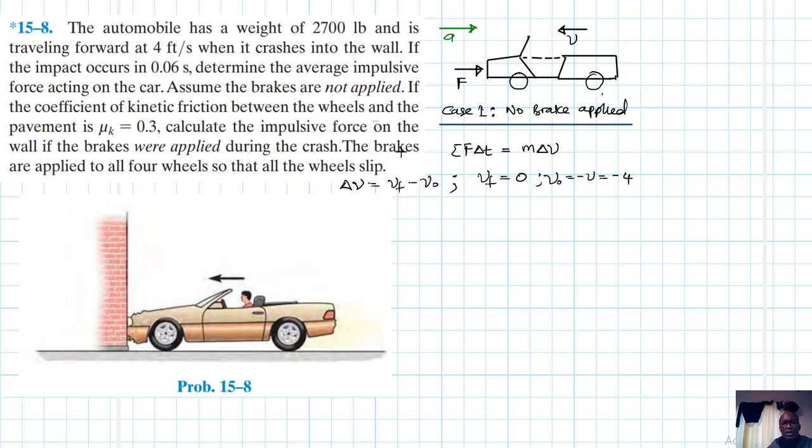This is our initial velocity, but it's in the opposite direction, right? And then what do we have in our summation of forces? We'll have F and our delta T.